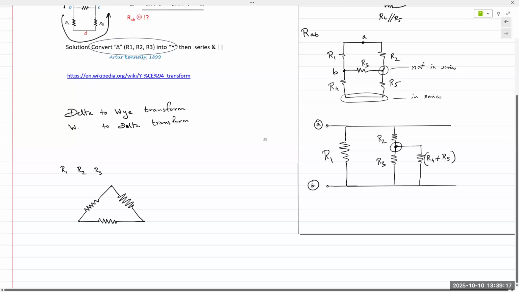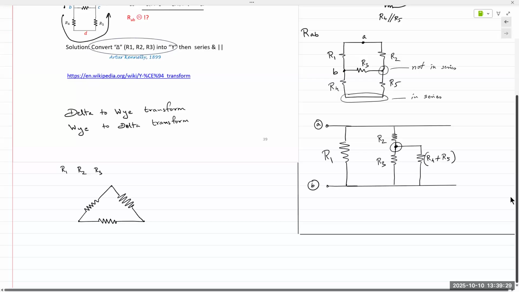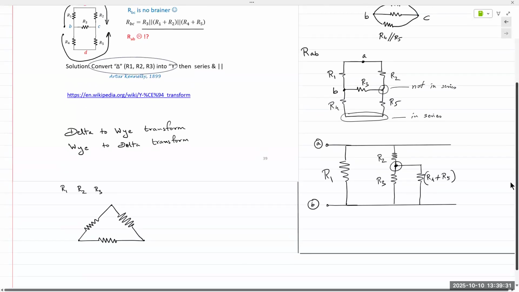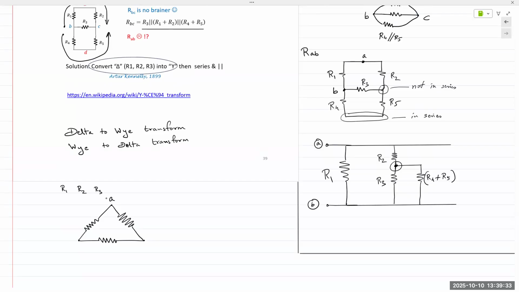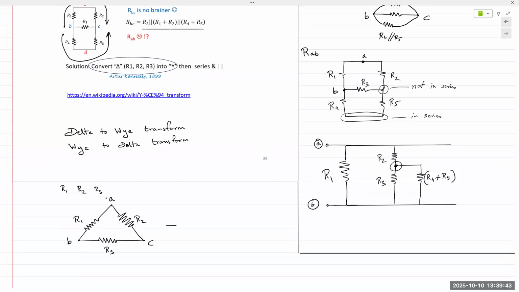This is especially useful when we study three-phase circuits. So here we have three nodes. If you wish to transform these, we can do so. It's A, it's B, it's C. This is R1, R2, R3. We can transform this into a Y circuit.